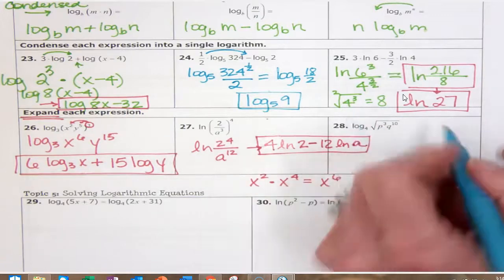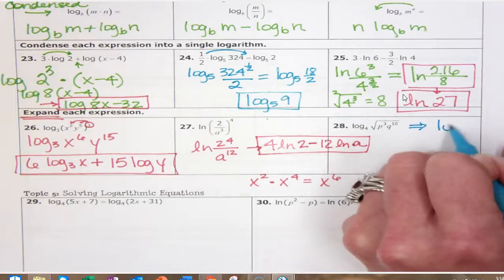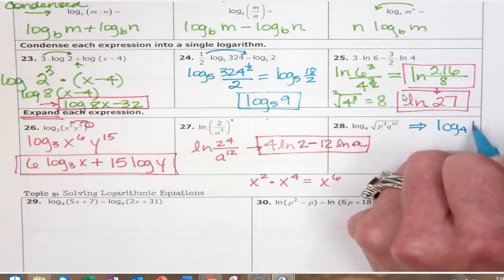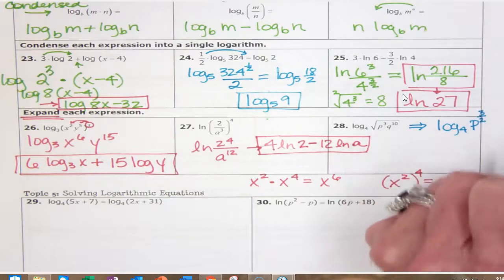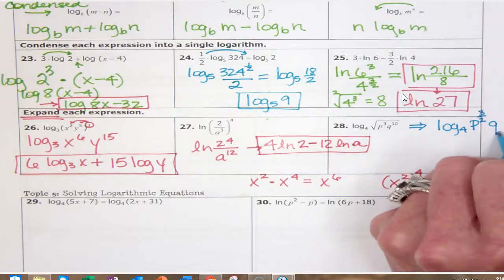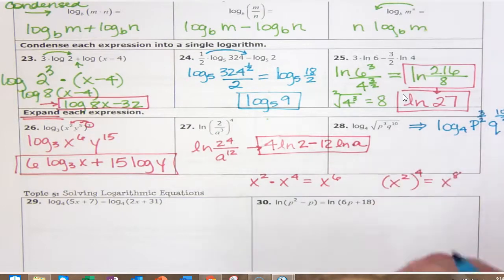So I can rewrite this as log base 4 of p to the 3 over 2 times q to the 10 over 2.